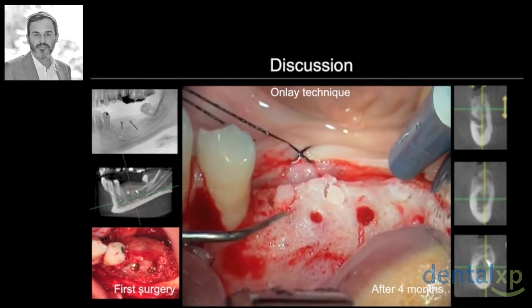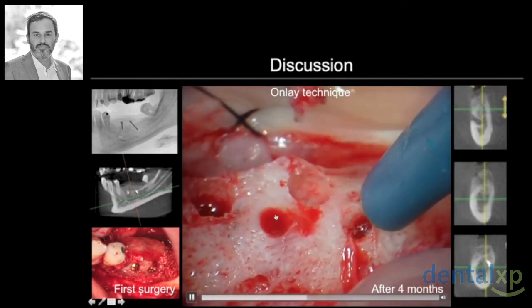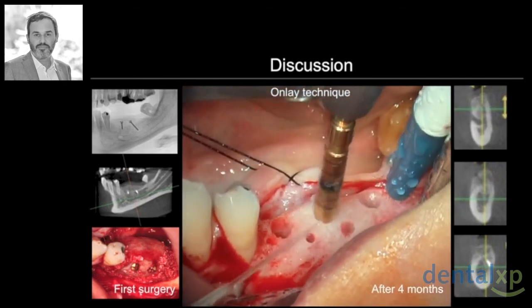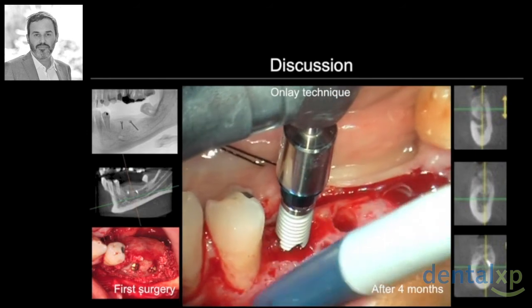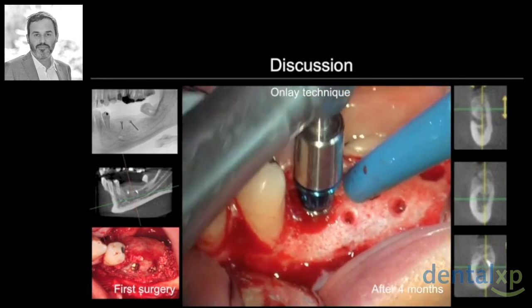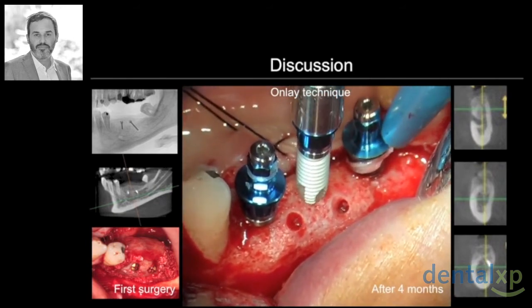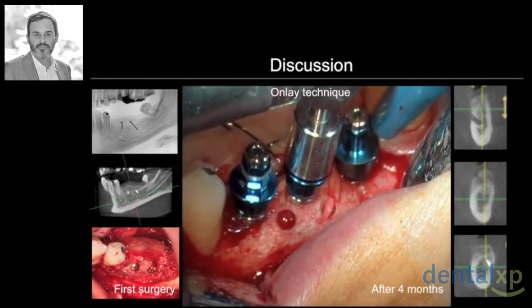And look at the quality of the bone. And when we prepare the implant sites, we immediately realize that this new bone is not so compact, and we reach a low torque value.